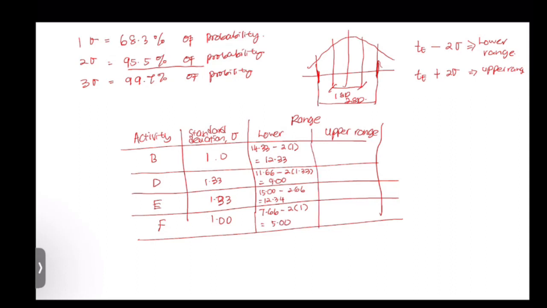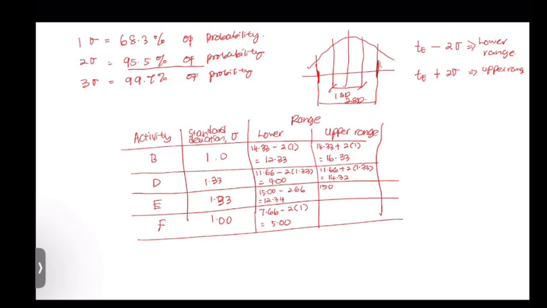For upper range, 14.33 plus 2 standard deviation. So for activity B, it gives the value of 16.33. For activity D, 11.66 plus 2 times 1.33, which gives the value of 14.32.